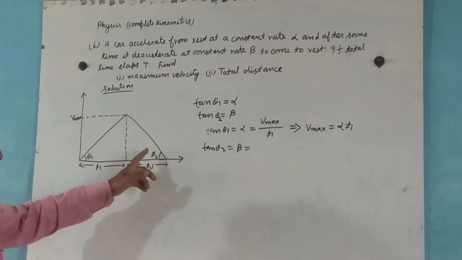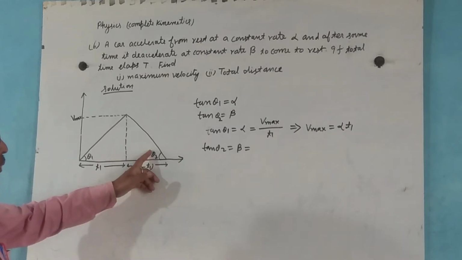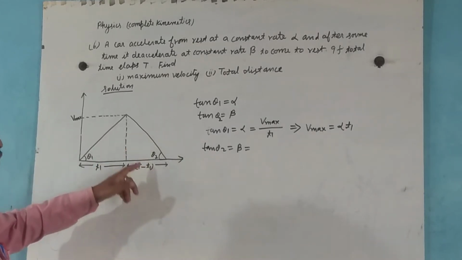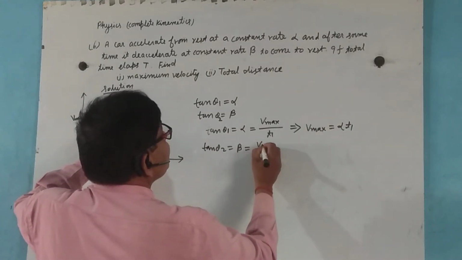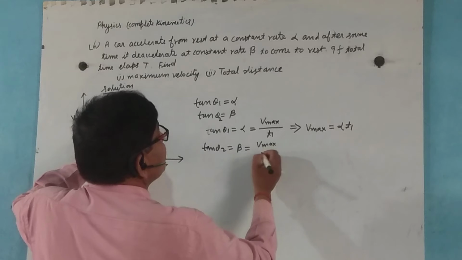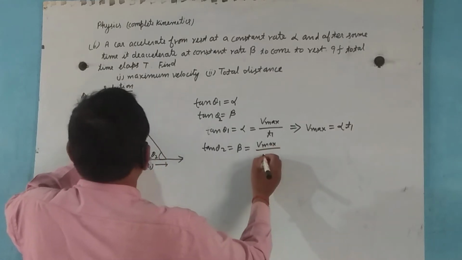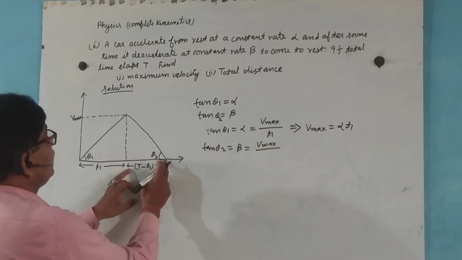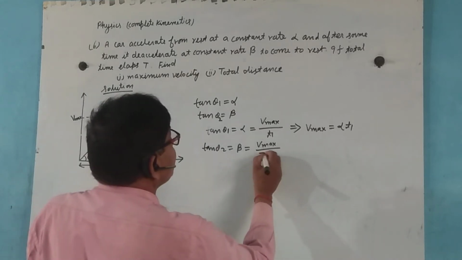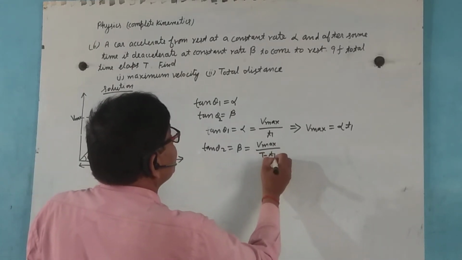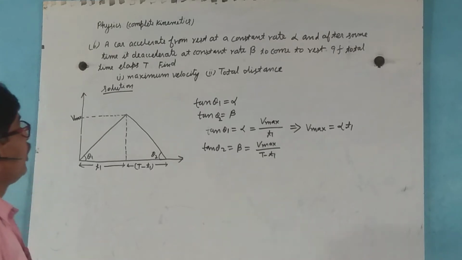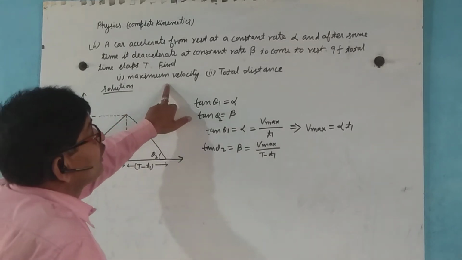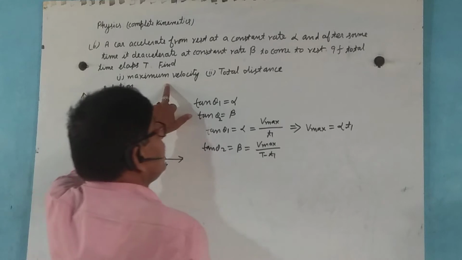Tan theta is perpendicular by base, where the perpendicular is V max, the maximum velocity, and the base is t1, which implies V max equals alpha t1. And tan theta 2 equals beta, which is perpendicular by base, V max, the maximum velocity, divided by capital T minus T1. Here we calculate the maximum velocity in this case.